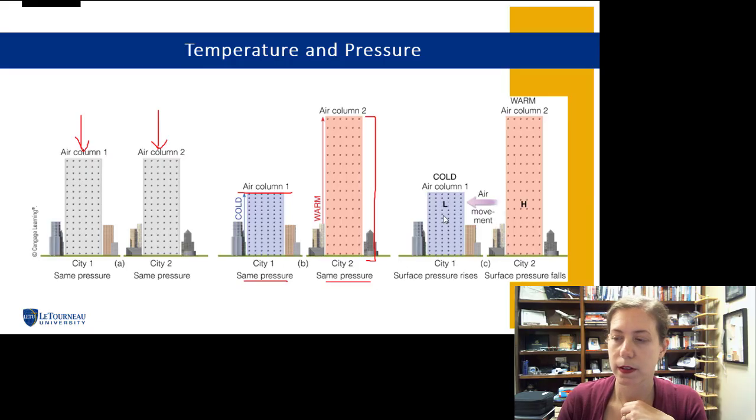But what happens as our air columns have expanded? In city number 1, I've got a lower pressure aloft, because there's hardly any air molecules sitting on top of that pressure. In city number 2, we form a higher pressure aloft because there are a lot more air molecules exerting pressure here aloft. So we have a high pressure.